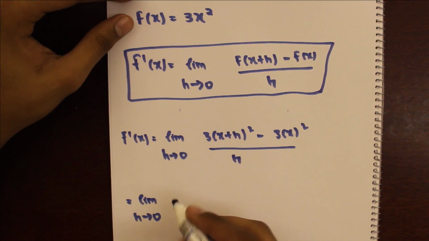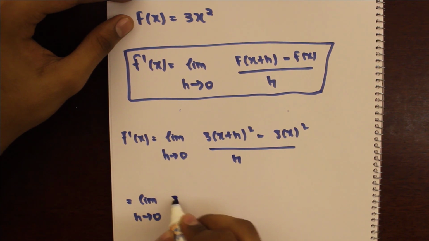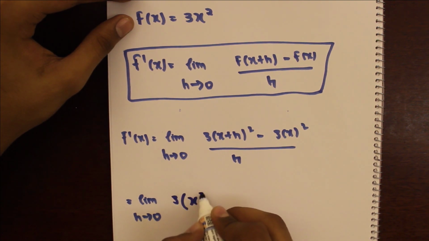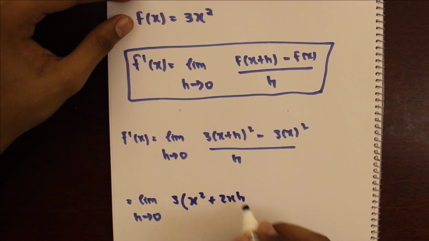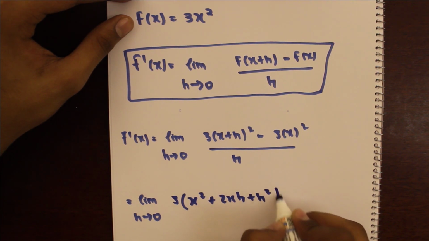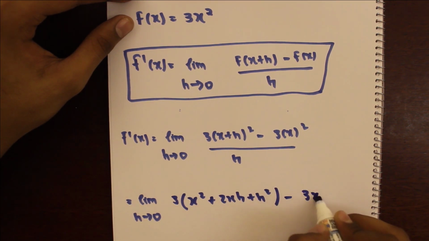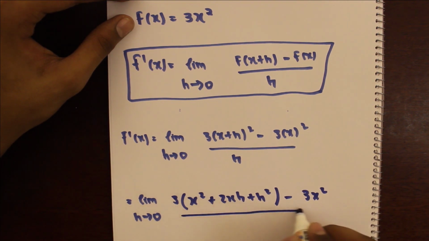And if we expand (x plus h) squared, we get 3 times (x squared plus 2xh plus h squared) minus 3x squared over h.